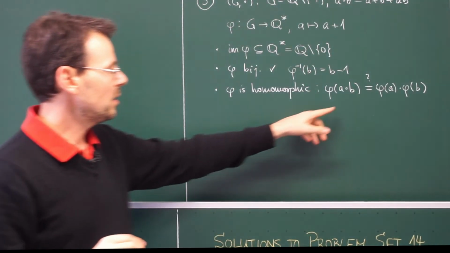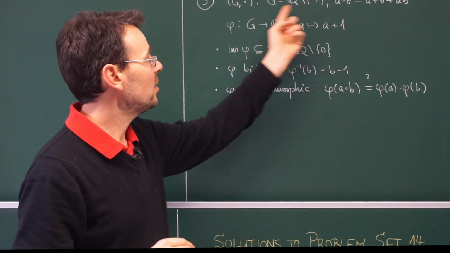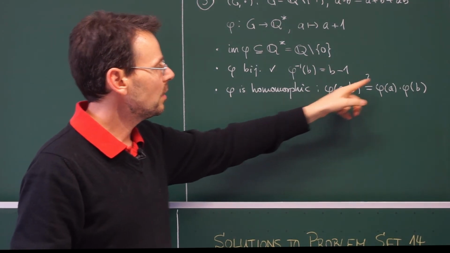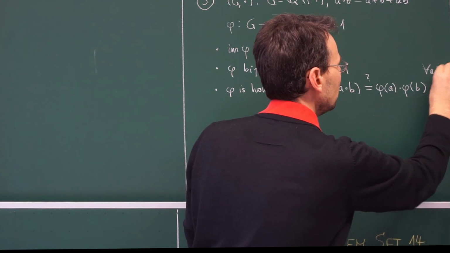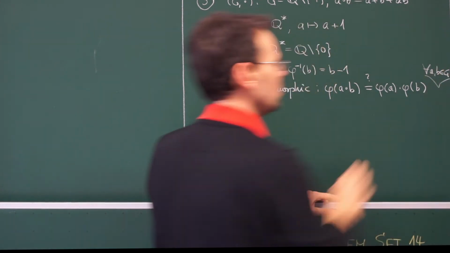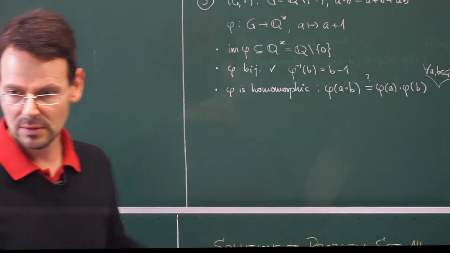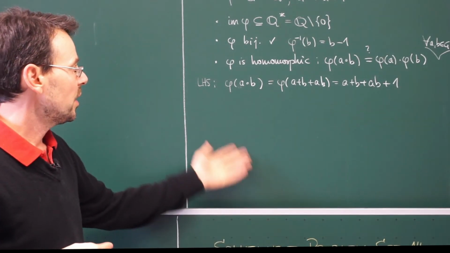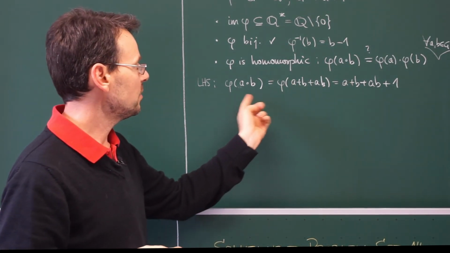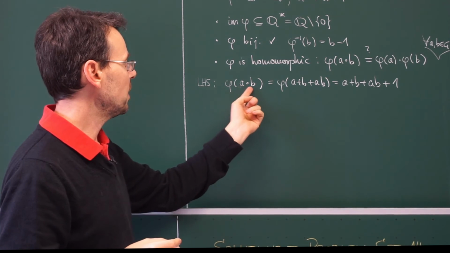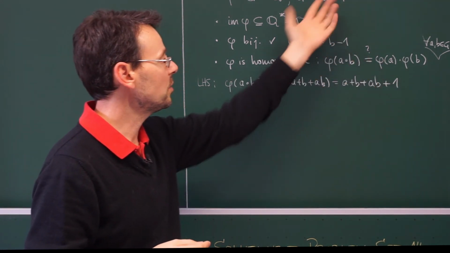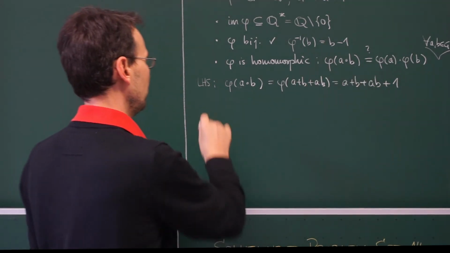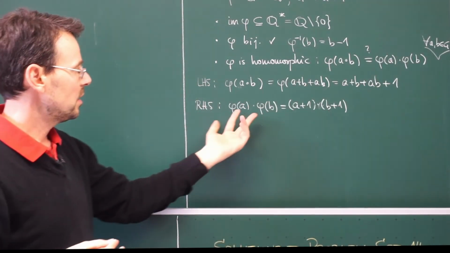So we need to check that for any elements a and b in this group, is this true? So for all a, b in G should be written here. But this is a simple calculation. The left-hand side gives me this here. Phi of a circle b is this by definition, and phi simply adds 1 to the number, so I end up with that. The right-hand side is this here.